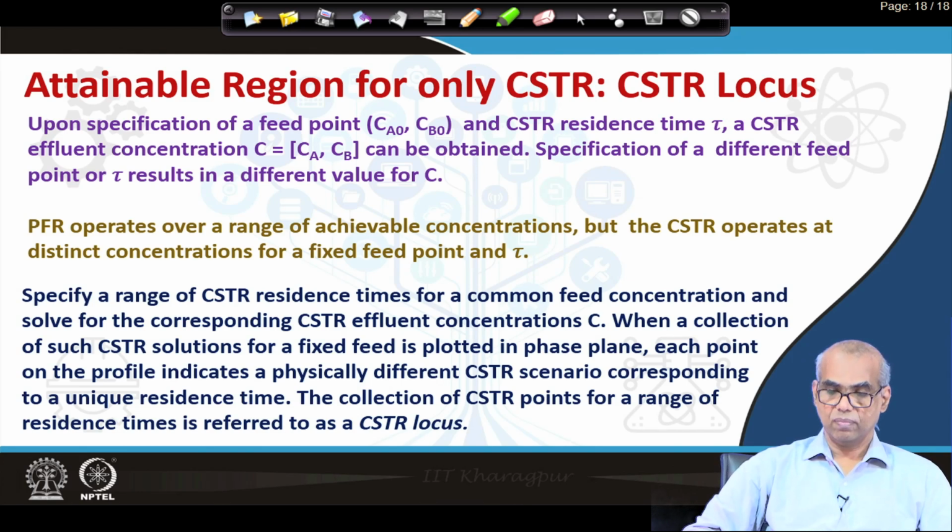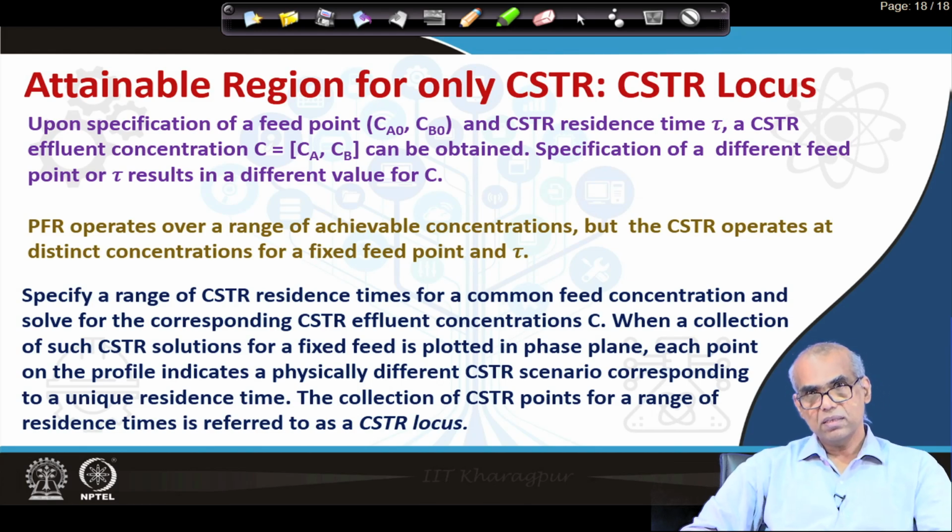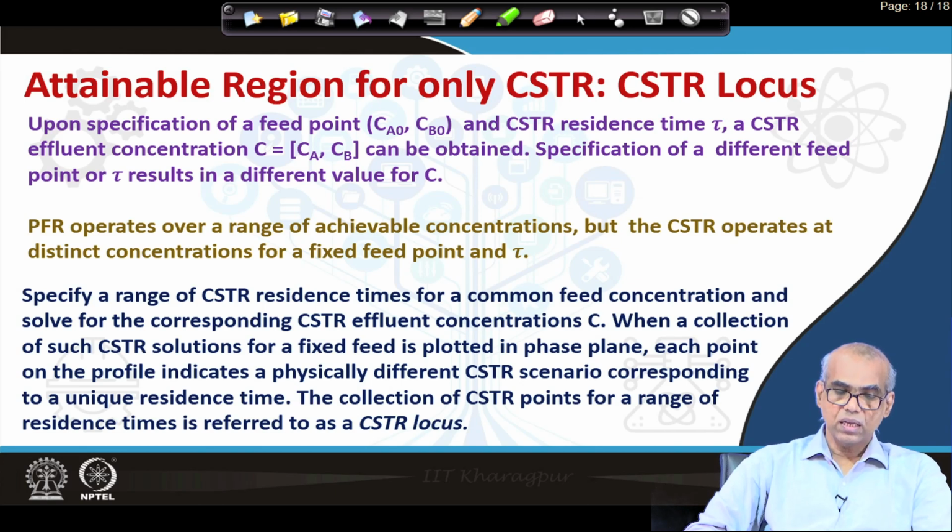which represents a CSTR effluent concentration. So, when a collection of such CSTR solutions for a fixed feed is plotted in a phase plane CA, CB, each point on the profile indicates a physically different CSTR scenario corresponding to a unique residence time tau.